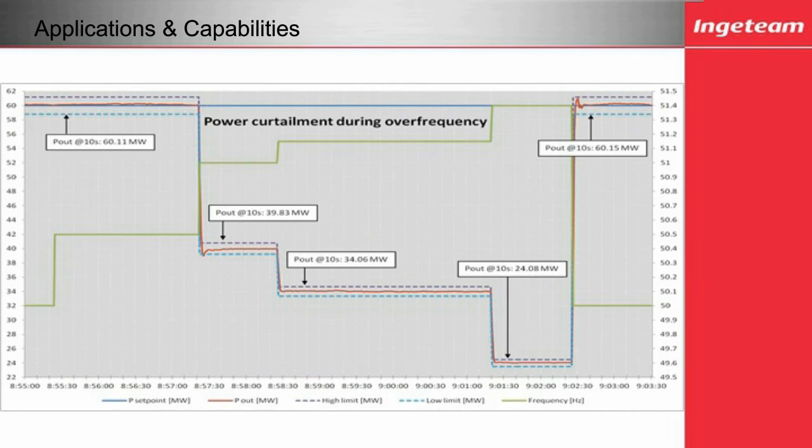And one of the additional pictorials of the applications that could be achieved with the addition of the plant controller on a plant is during an over or under frequency event, the ability of a plant to adjust its active power to help support the grid operator control his grid.